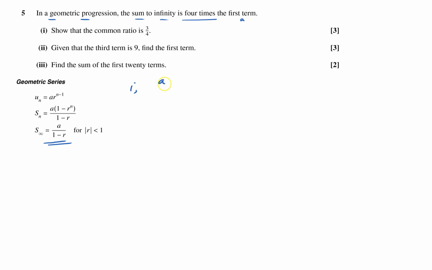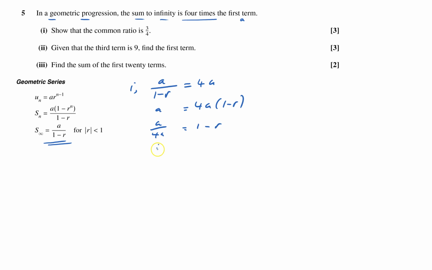So we get a over 1 minus r equals 4 times the first term, so that's 4a. I'm going to times both sides by 1 minus r, and I'm going to get a equals 4a times 1 minus r. Divide both sides by 4a, so a over 4a equals 1 minus r.